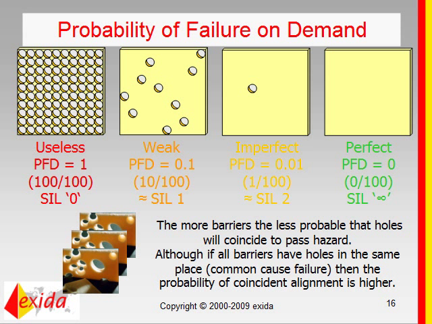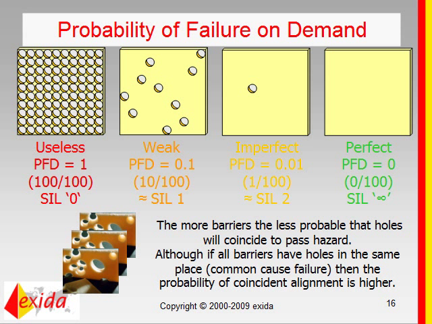Then an almost perfect but still imperfect protection layer where you only have one hole out of 100, equivalent to risk reduction in the SIL 2 range, PFD of 0.01, and then all the way to the right you have your perfect protection layer, something with a probability of failure equaling 0.